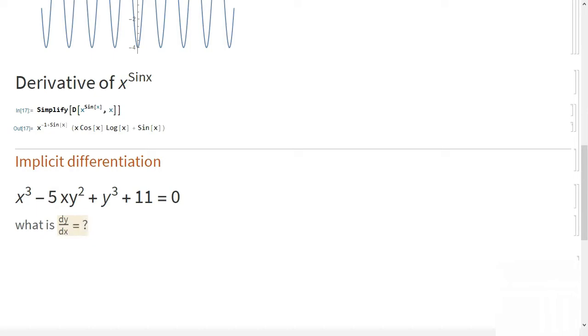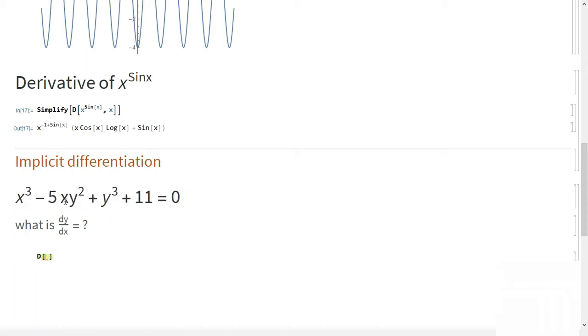So this is pretty easy if you are familiar with implicit differentiation, but today we will look at how to do this in Mathematica. So let us first type this expression. Note that we are not declaring a function here right now. So what we need to do is to first bring up our D operator, and we have to type this expression inside this D operator.